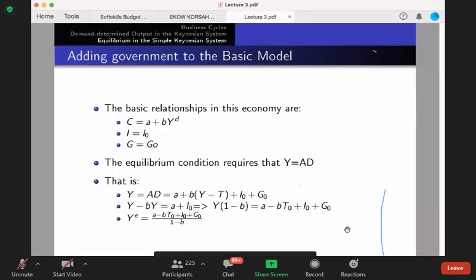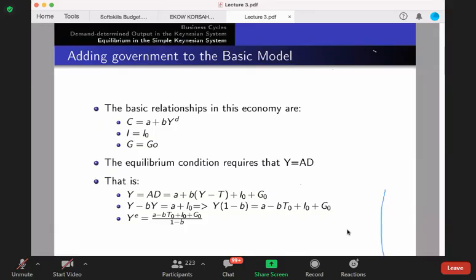Now let's move on. This becomes the model we are going to deal with, where we have consumption C depend on A plus B times YD, where YD is Y minus T. This is disposable income. So disposable income is income minus tax.